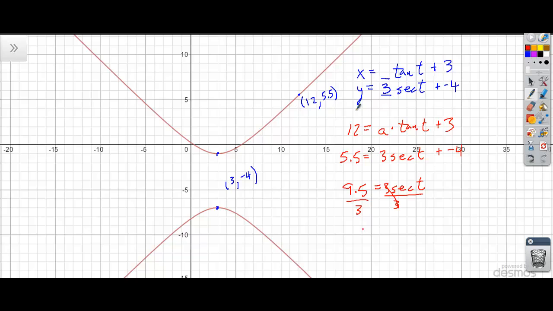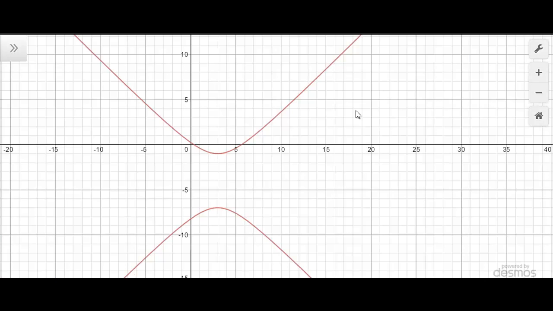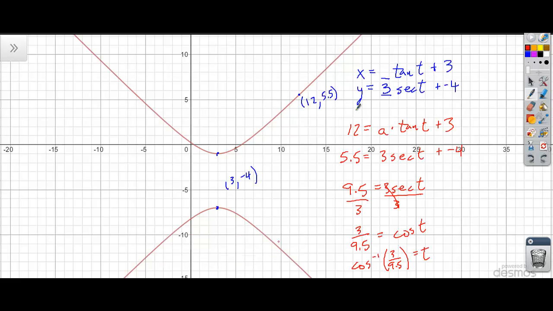Now, since the secant of t equals that, I'll do a reciprocal, since cosine is the reciprocal of secant, it's going to be equal to the reciprocal of this fraction. And now I do arc cosine of that equals my t. And now just give me a second to get this value.